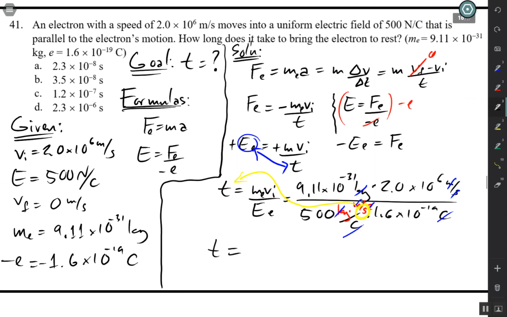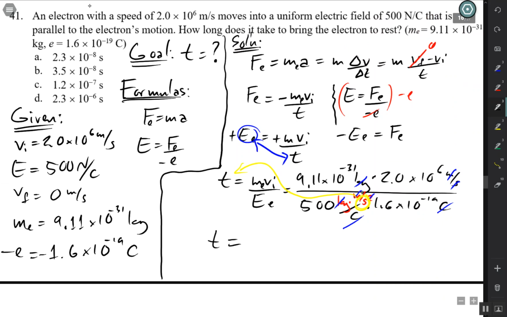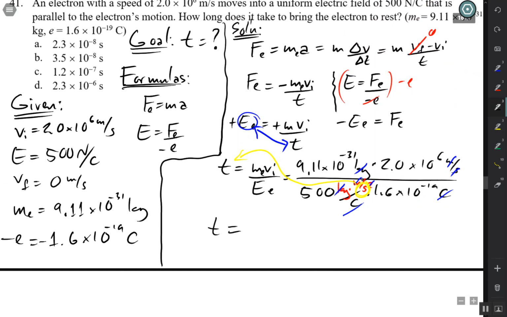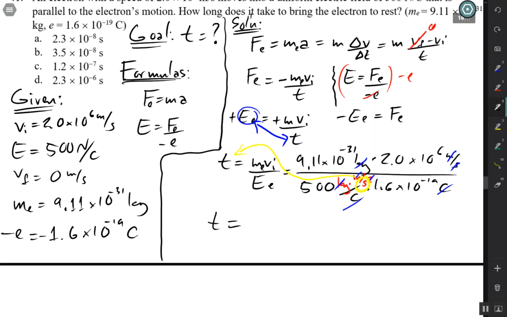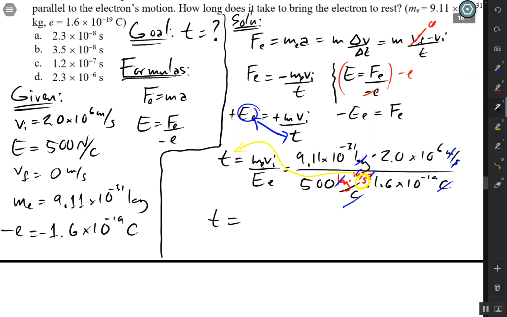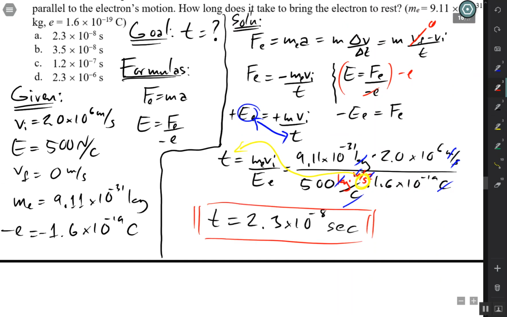Actually, only 2. Actually, only 1. The answer is in 2, so let's just keep it like that. And the units is in seconds. So there you go, read it and weep. Going back, what is our answer? Our answer is A.